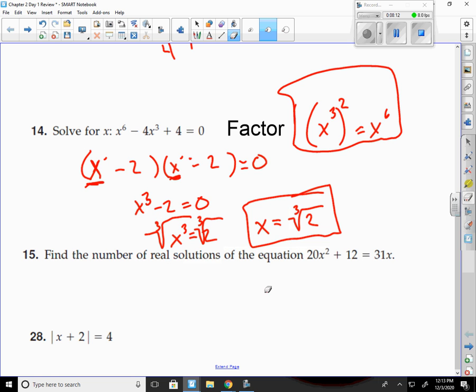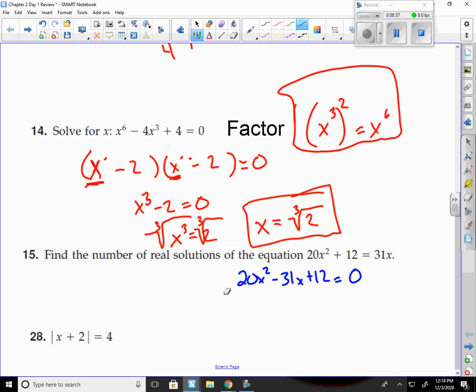When it says find the number of real solutions of an equation, it's important to put it back in our ax squared plus bx plus c form. We have to get this 31x back over to the other side. So it's going to give me 20x squared minus 31x plus 12 equals 0.